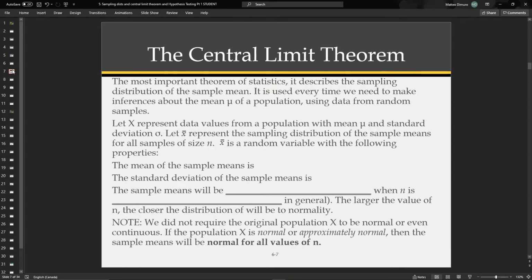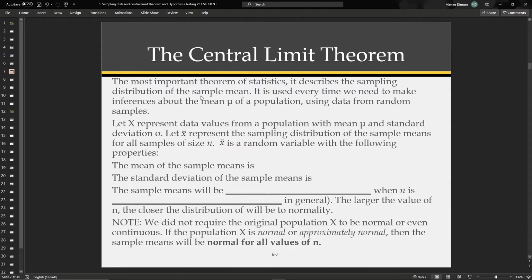And it is one of the trickiest things in all of statistics that I know: the central limit theorem. The most important theorem of statistics, the central limit theorem, describes the sampling distribution of the sample mean. So you get all these different samples of the actual mean of a population, and they all land in a different place. What the central limit theorem does is figure it out for us.